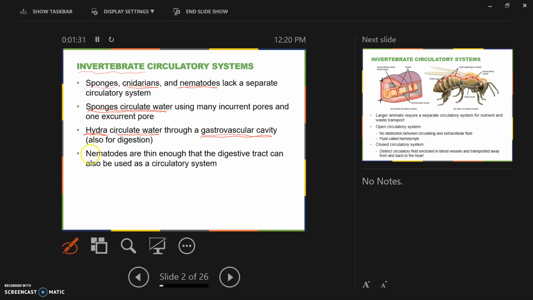Nematodes, or roundworms, the one we have in lab was the heartworm, use their digestive tract also as a circulatory system. So it's not a gastrovascular cavity exactly, but they use the same pathway for food as they do fluids.